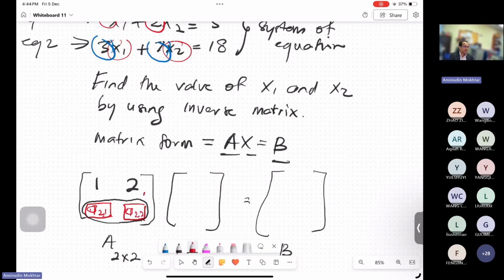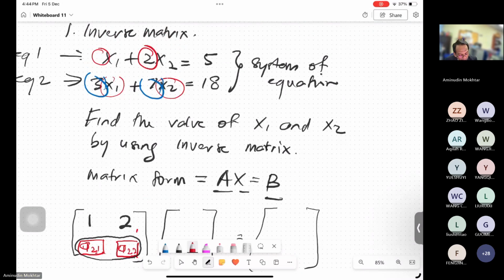For the second row, A21 and A22. What is the value of A21? What is the value of A22? These refer to the coefficients of x1 and x2 in the second equation.